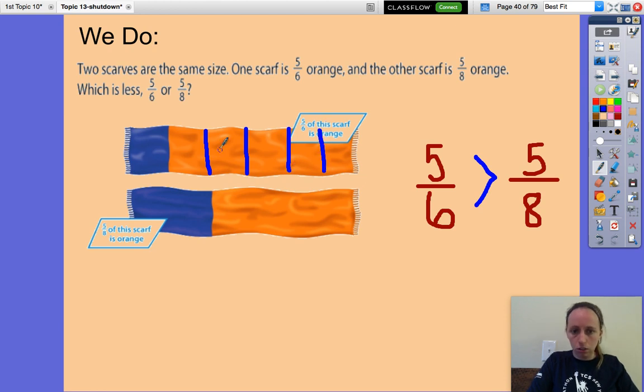So 1, 2, 3, 4, 5, 6. So we have 6 of it orange. Okay, and then on this scarf, it says 5/6 of this scarf is orange. Nope, not 5/6. 5/8 of this scarf is orange. So these parts are a little bit smaller.